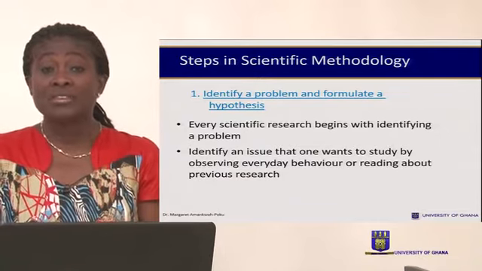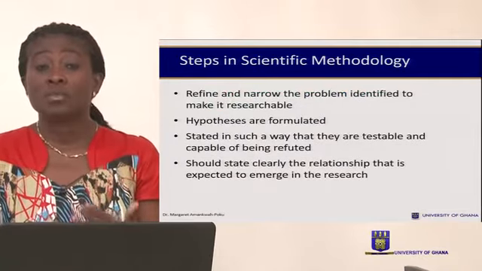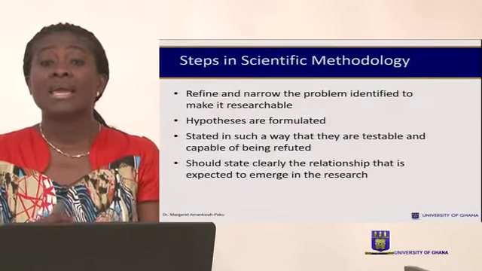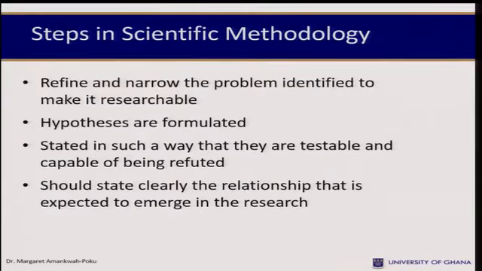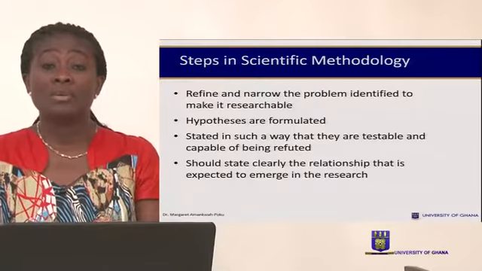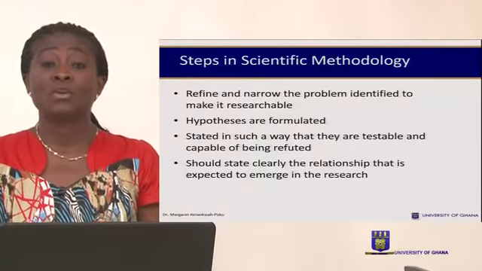So you have to do a literature search. So once you've identified the problem you want to investigate, you try and refine and narrow that problem that you have identified. You can only do so by doing a literature search, reading previous research that has been done in that area to give you more information and to guide you to refine your area of interest or your research topic.